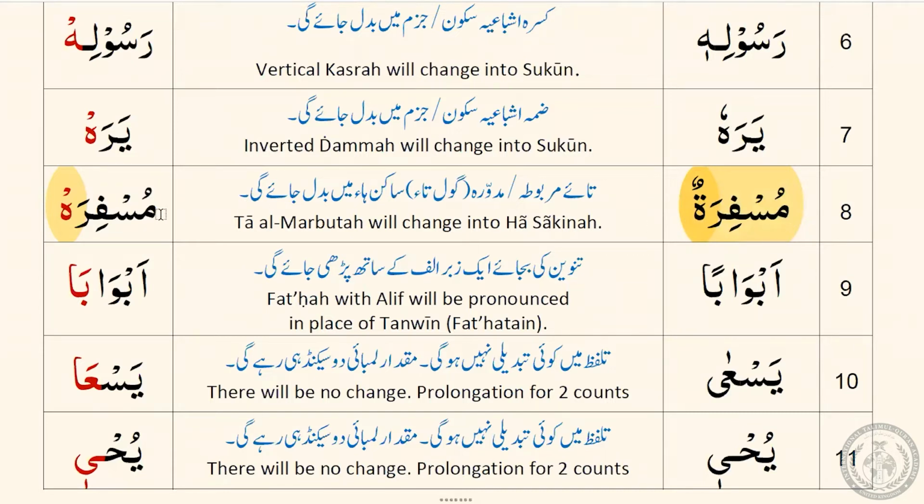But if you're going to pause after this word, if there is the end of the verse or you've run out of breath and you have to stop, then you are not going to say musfiratun anymore, but you will recite like this, musfira, all right? So I hope that makes sense. It's a bit of a tricky one to get your head round, but inshallah, I hope it makes sense. So let's go on to some examples now.